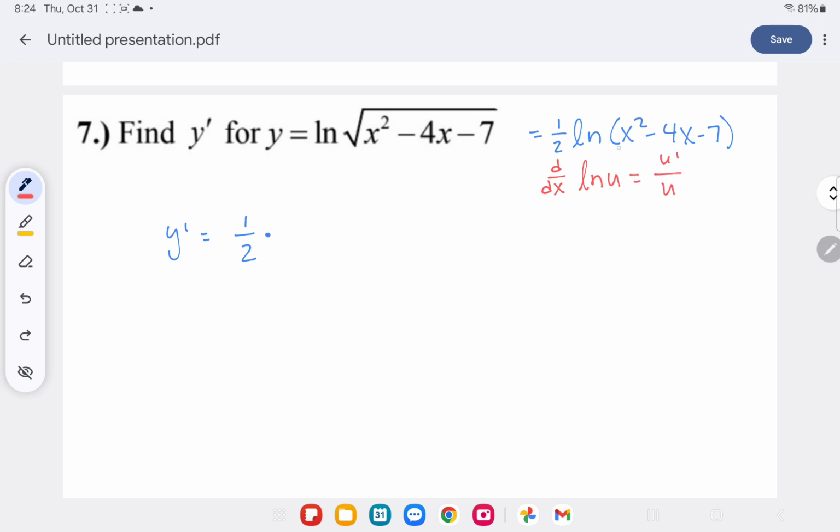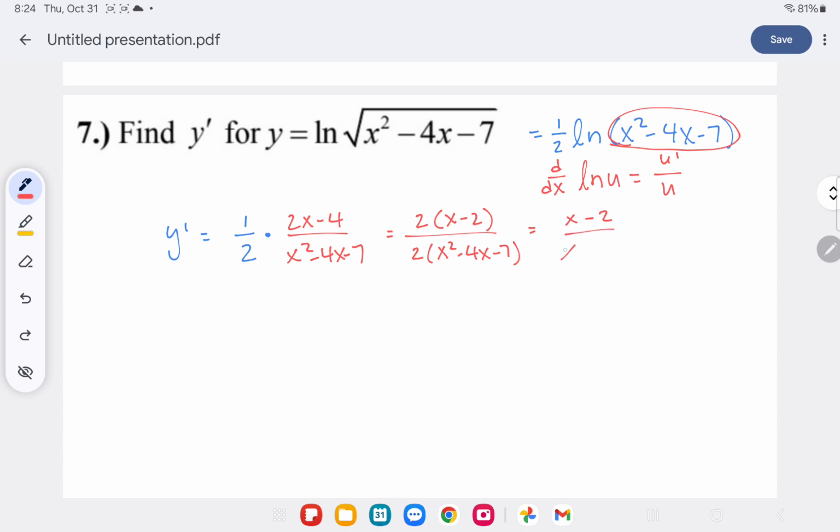So we're going to take the derivative of this, which is 2x minus 4, over the x squared minus 4x minus 7. And then this can actually be simplified because in our numerator, we can factor out a 2 pretty easily. And that's going to cancel out with the 2 that we have in the denominator. And so our final answer would just be x minus 2 over x squared minus 4x minus 7.